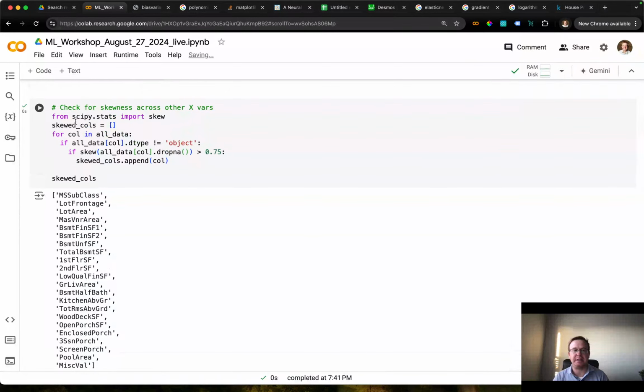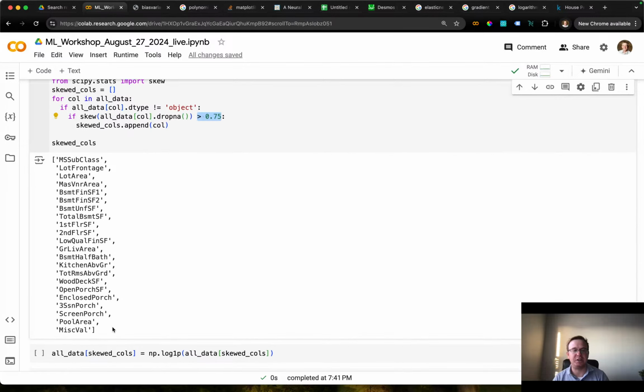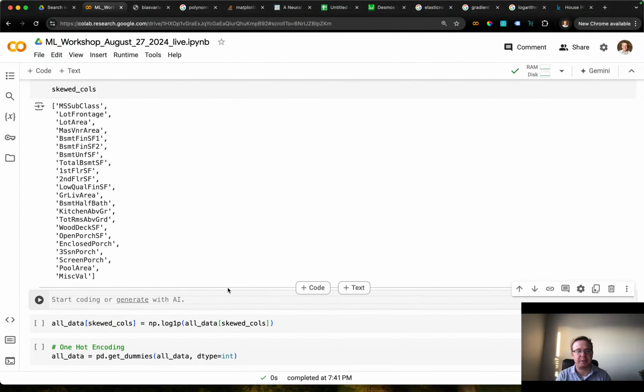I'm using this SciPy skew function, and if that function returns a value greater than 0.75, then I'm saying, all right, that's a strong enough skew that I'm going to be worried about it, a strong enough skew that I'm going to try and address it. And it turns out that all of these columns have a strong enough skew for us to do something about it.